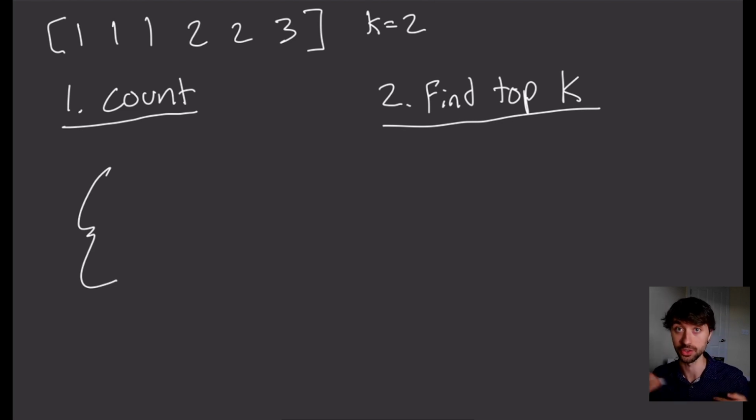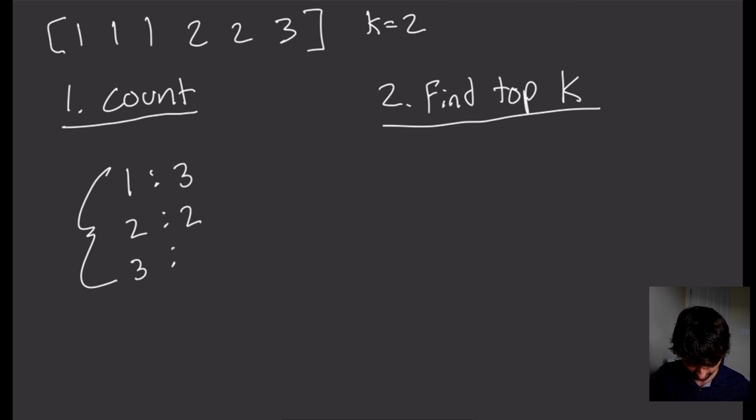So what we can do is we can loop through the entire input, and each time we get to a number, we can just add that to the dictionary, and then we increment the count each time we find something new. So what we'll end up with at the end is each distinct value that's in the array, and then the count of how many times we see that.